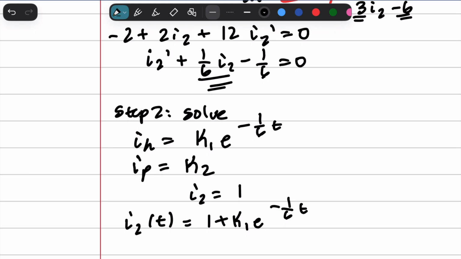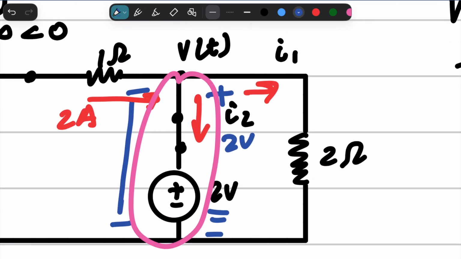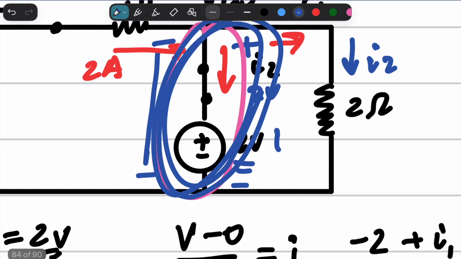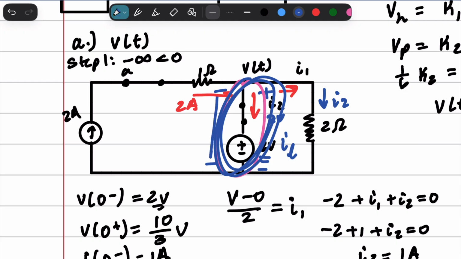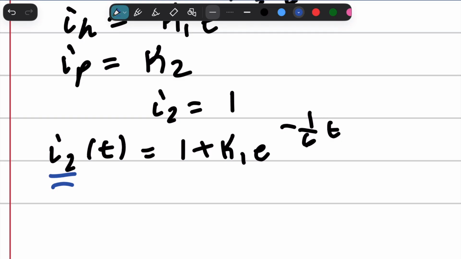Now here is the part that gets very, very extremely confusing, at least to me. Look at this. This is I2 of t. We want to find this, right? Not I2 of t right here. We want to find I of L, right? And so we need an initial condition that is applicable to I2 of t.